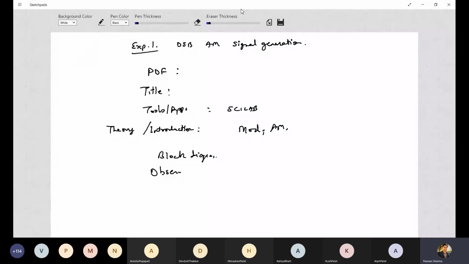Then observations. We have seen modulation index Em by Ec. In the code itself, you will change the values of Em and Ec, and then observe the graph.